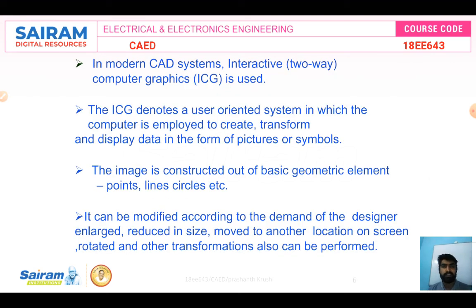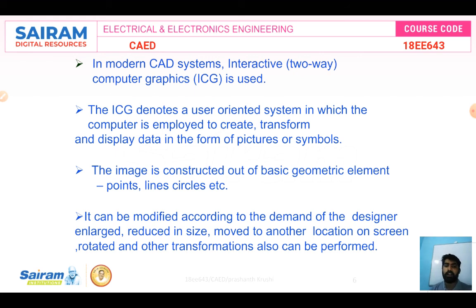In modern CAD systems, interactive two-way computer graphics (ICG) is used. ICG denotes a user-oriented system in which the computer is employed to create, transform and display data in the form of pictures or symbols. So transferring the display data to a picture, for that also we are using CAD. The image is constructed out of basic geometric elements: points, lines, circles.